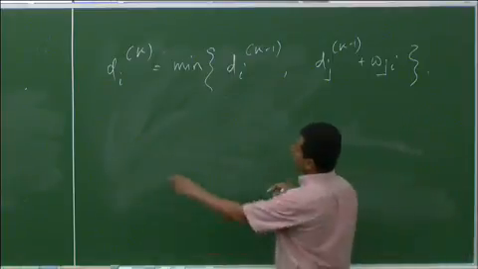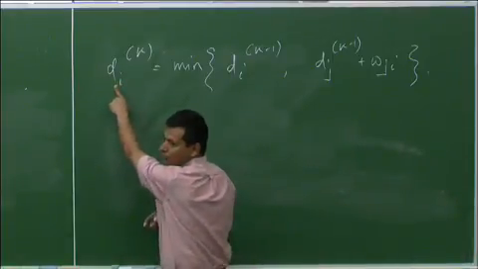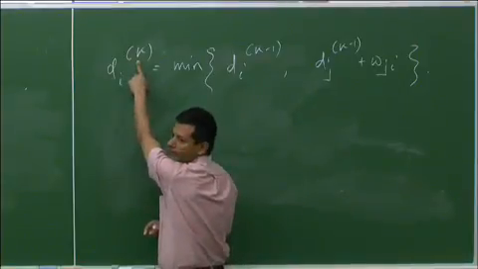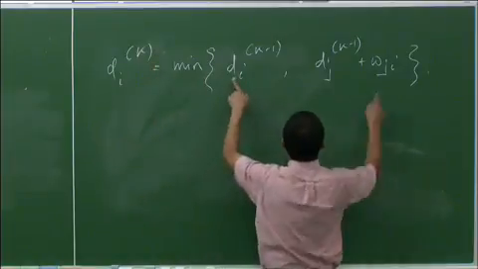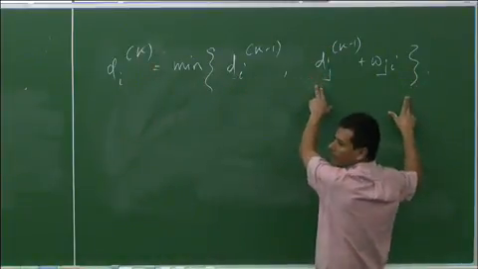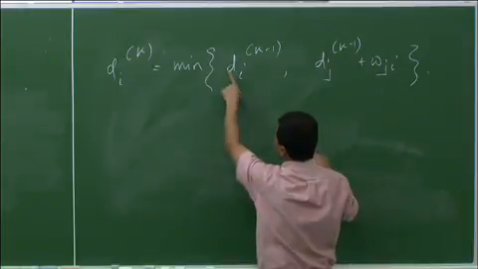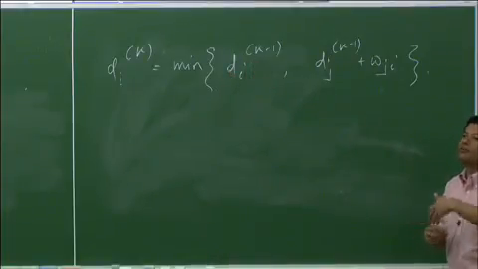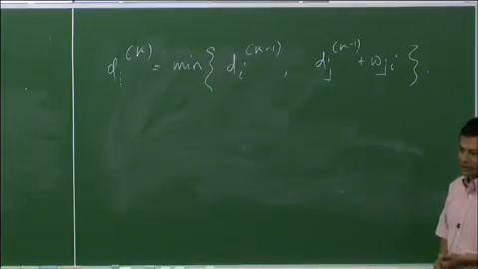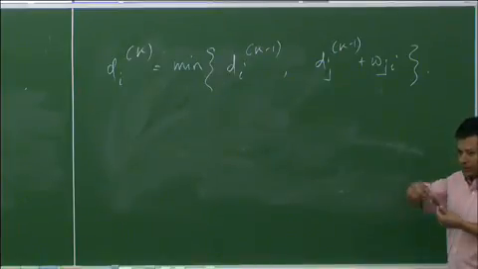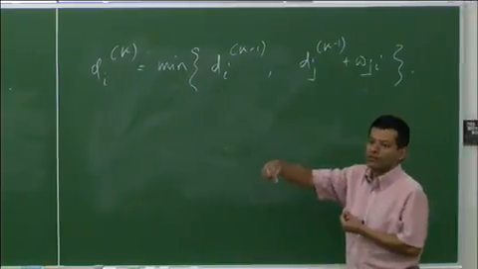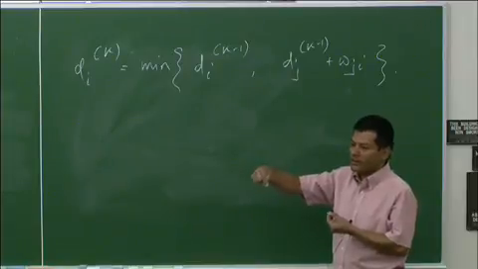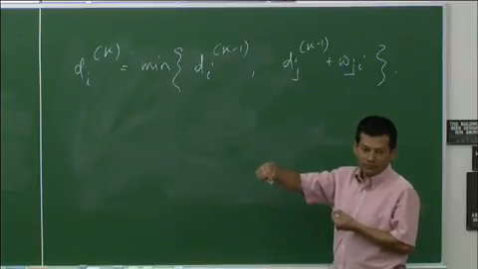So, I am claiming that the shortest path distance to node i, starting with the source node, of length at most k, is the minimum of this being a large set and this being a smaller set. This one is just coming all the way to i using just k minus 1. So, allowing yourself one more hop does not make your shortest path any shorter. For example, think about a source node which in 3 hops gets you to the correct answer. So, allowing yourself 4 hops or 5 hops or 6 hops does not reduce the shortest length distance.